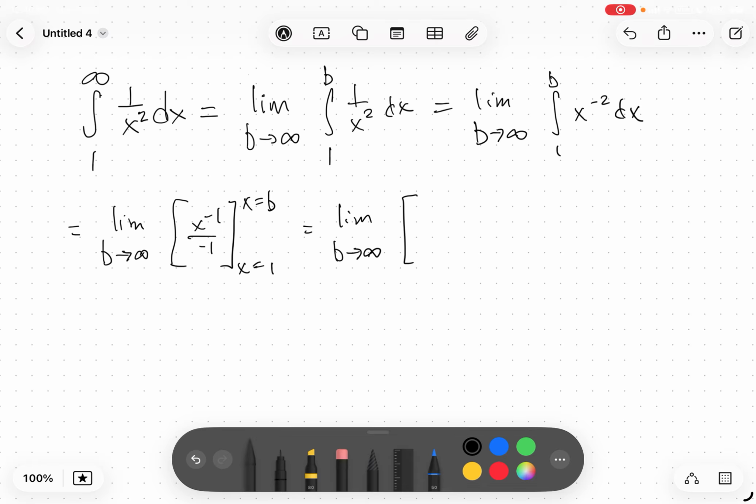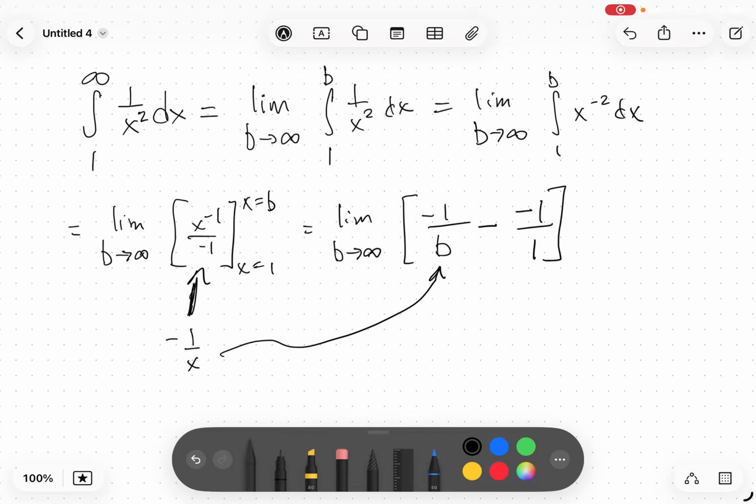So that's just going to be negative 1 with b put into it minus negative 1 with 1 put into it, right? And again, the expression here in the brackets is really just negative 1 over x, which is the reason why I'm writing this, okay?